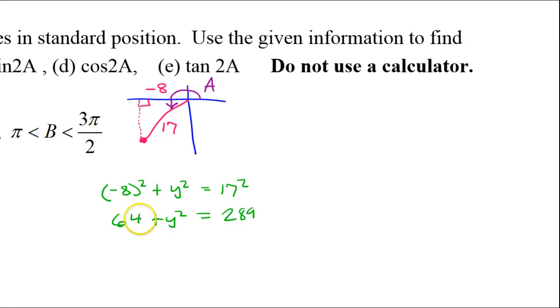Yeah, so now subtracting 64 from both sides gives me 225, so y squared is equal to 225. If I take the square root, I'm going to get plus or minus 15. But again, I know it has to be negative because it's down. So this is going to be negative 15.